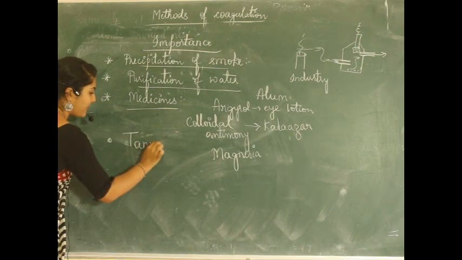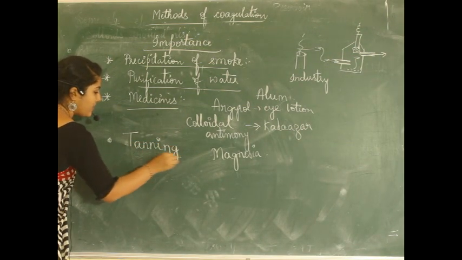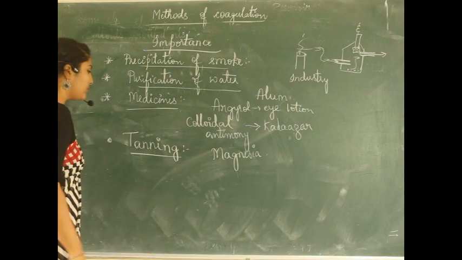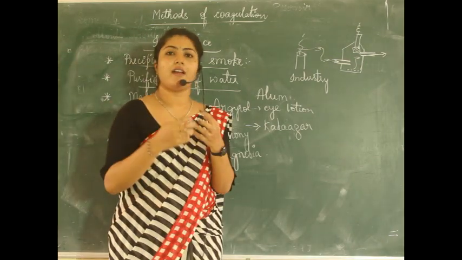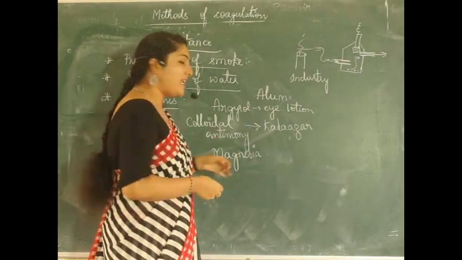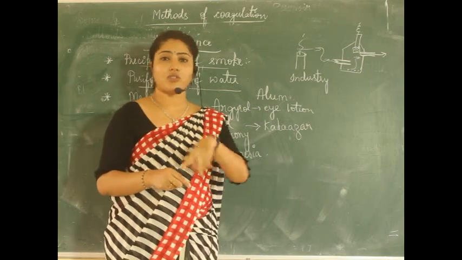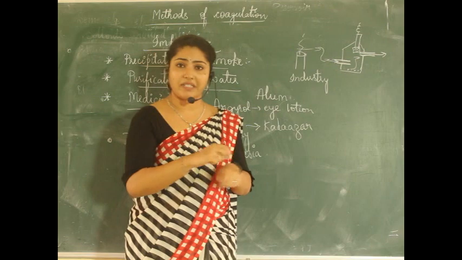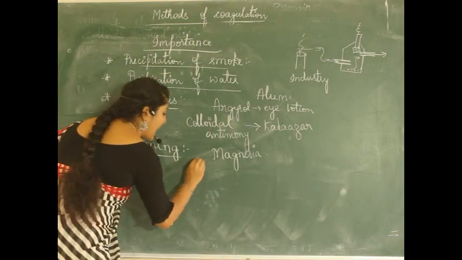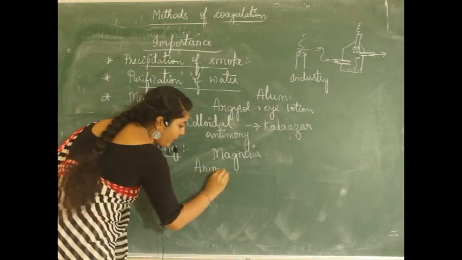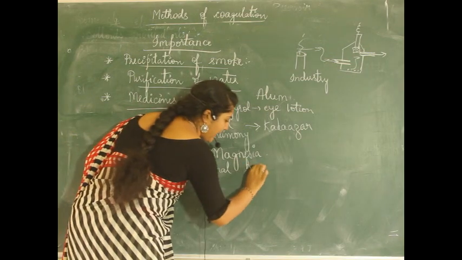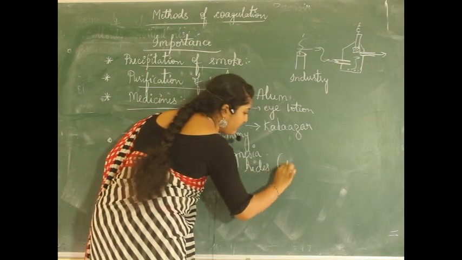Next, speaking about tanning. You might have heard of tanning. If you use leather goods, you can have a good idea of it. Leather is manufactured using animal hides, animal skin. Animal hides are positive in nature.